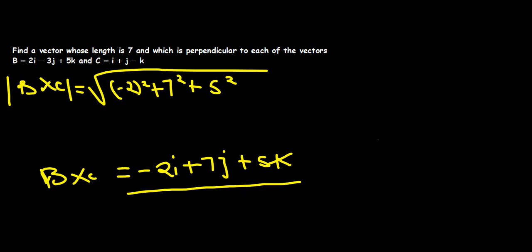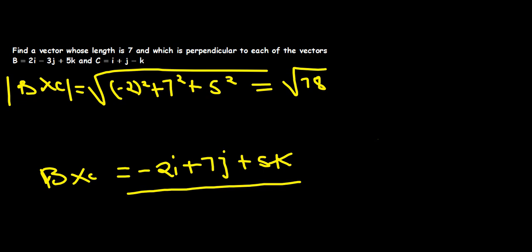So when you square it, it will be 4, plus the square of 7 is 49, plus the square of 5 is 25. So you have 4 plus 49 plus 25, which will give you the root of 78.